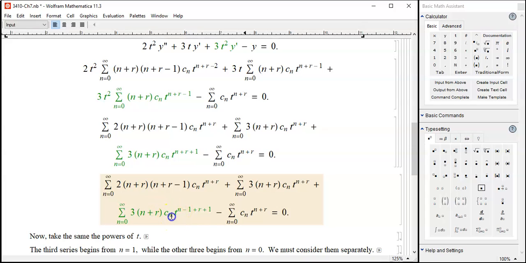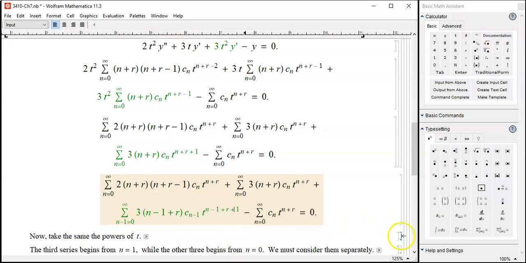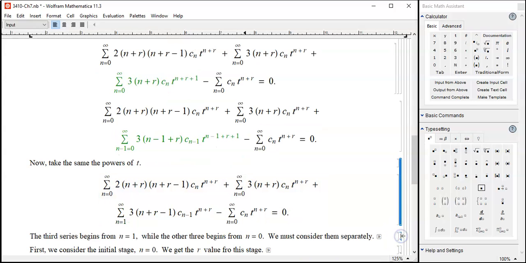So we need n minus 1 everywhere. Basically, this is the index shifting that we're going to end up with. Let's see, let's continue.